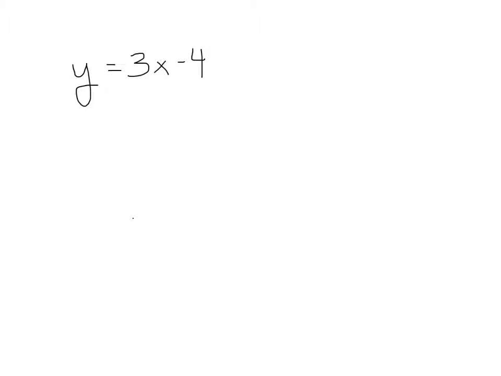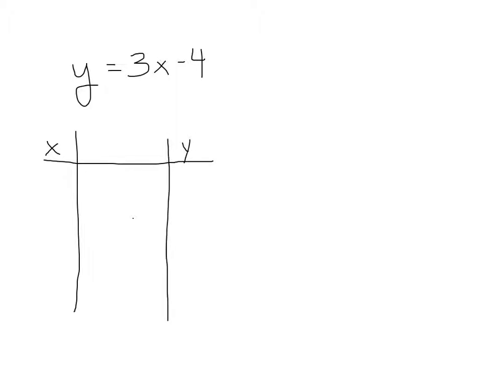What I would do is set up a function table. What I might recommend is using one that looks like this, where I have the x and the y separated, I leave a space for the work, and then I leave a space to give what my coordinates are. So if I pick an x value of, let's just say, x is equal to 3.